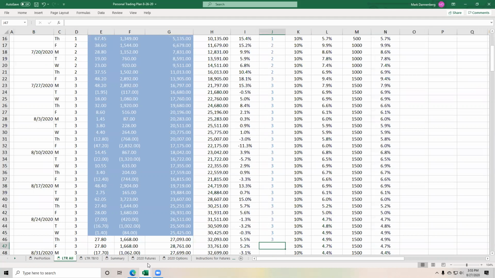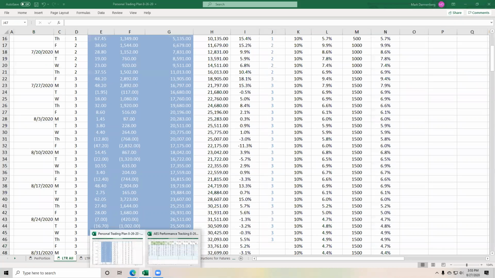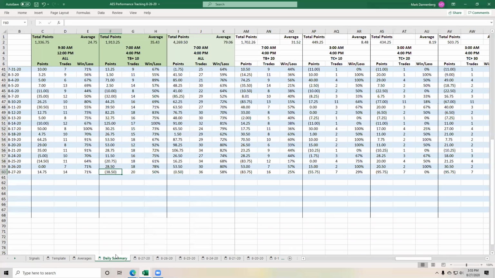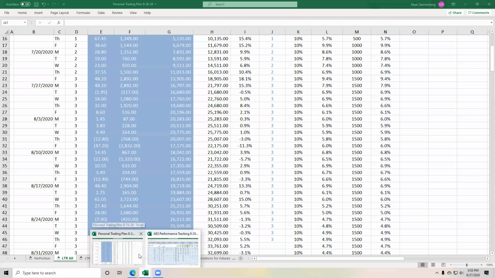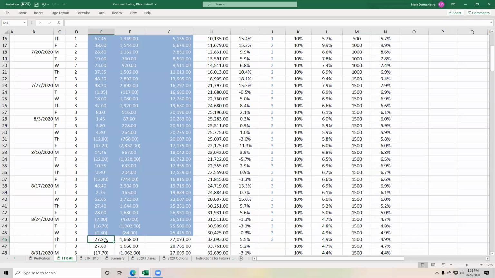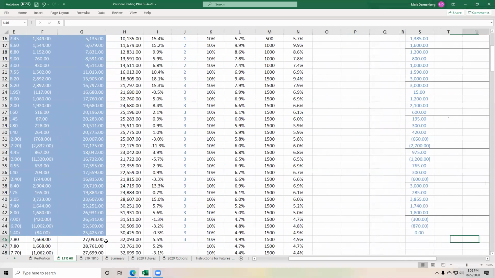Okay, so the other category that we track is the all signals, 9:30 to noon. So 9:30 to noon, we did 14 3/4 points. So that was pretty respectable considering where we started out. 14 3/4 times $20 a point is $295, and we're trading 3 contracts.